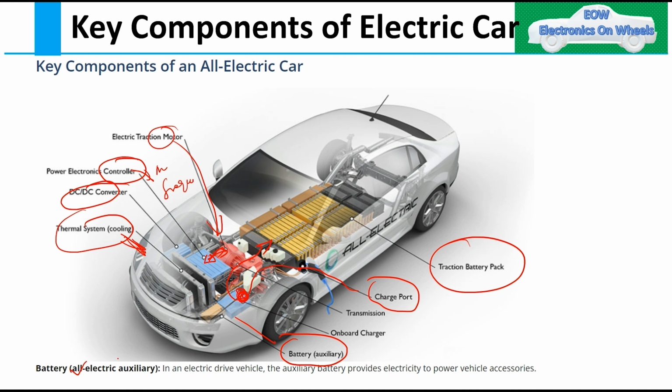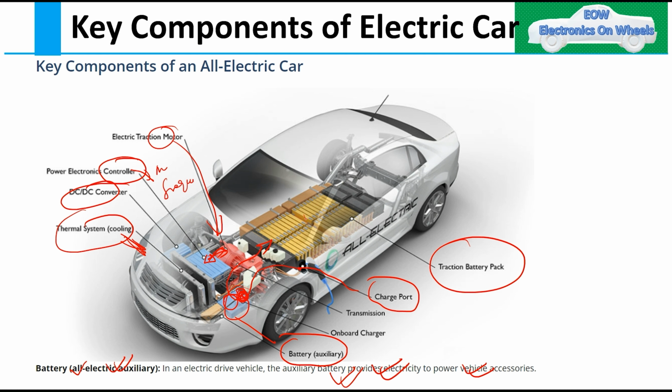First is the battery, that is the all electric auxiliary battery. So what is the function of this battery? This battery provides electricity to the vehicle accessories, like the headlamp, horn, audio, cluster, infotainment, and many other things. This power is given from the auxiliary battery only.